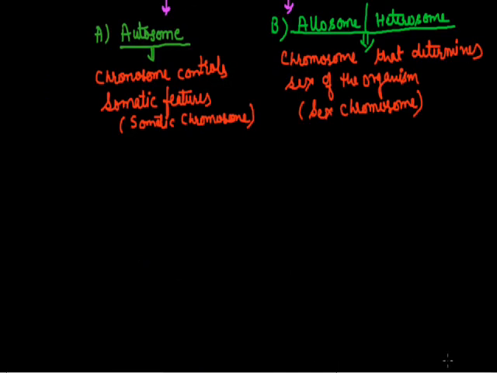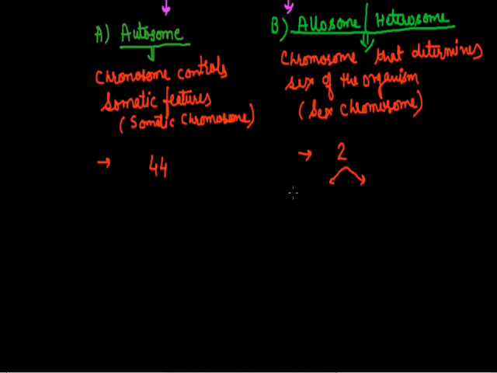In human beings, we have 44 chromosomes which control our somatic features, while the remaining 2 chromosomes determine our gender and are known as allosomes. These 44 chromosomes are quite similar in male and female, while these 2 chromosomes are quite different in male and female. That's why they can recognize the gender of the organism.